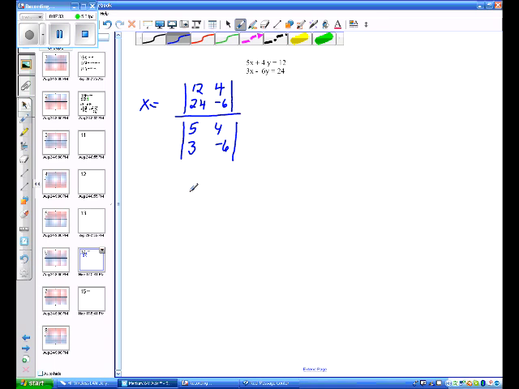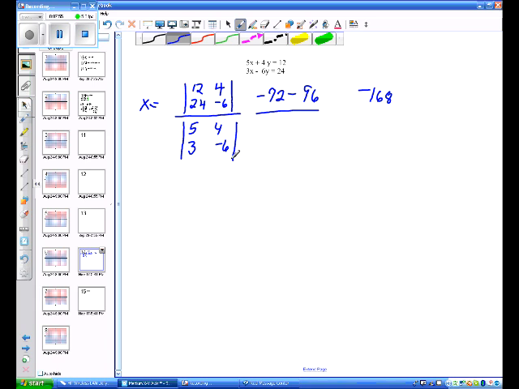Now, we're going to go through and we're going to find our determinant. So we'll get the product of the diagonal going down. That would be negative 72 minus the product of the diagonal going up, which is 96. Negative 72 minus 96 is negative 168.